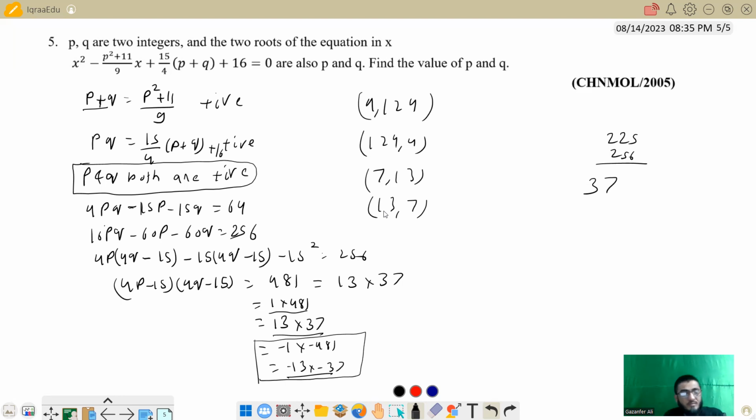Now this is interesting. Only one will satisfy this quadratic equation, because a quadratic equation will have only one root. You can check, this is the answer: 13, 7 is the answer. Okay.